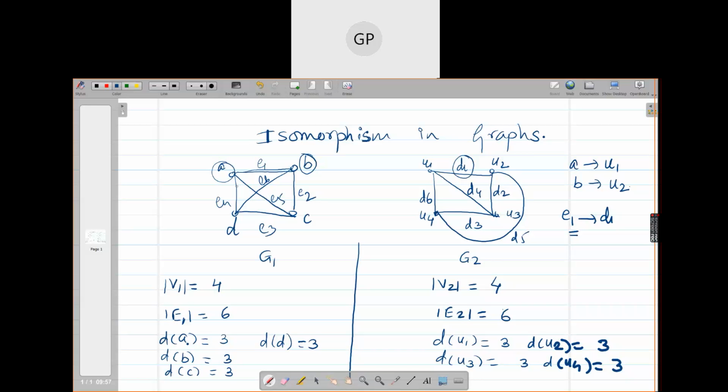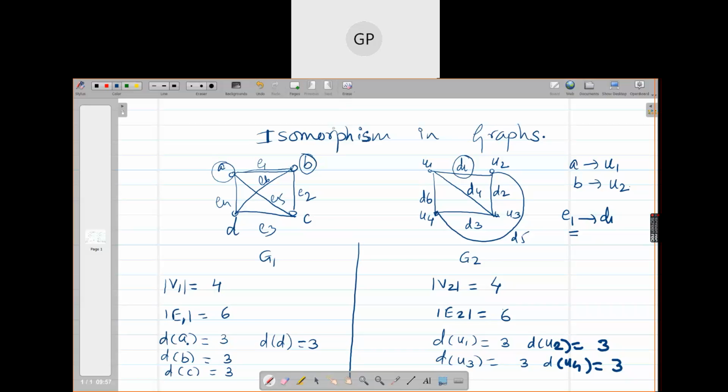Similarly, if I map D to U4 and C to U3, I can find a bijective mapping between the vertex sets of G1 and G2, and between the edge sets of G1 and G2.